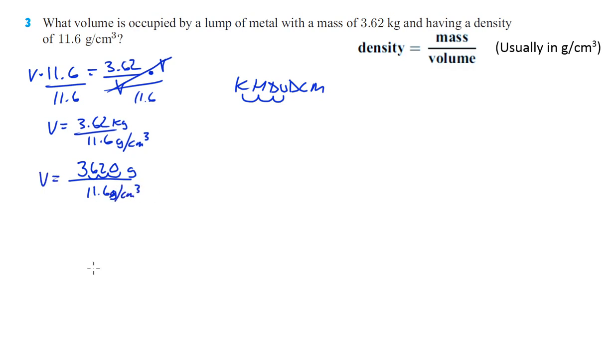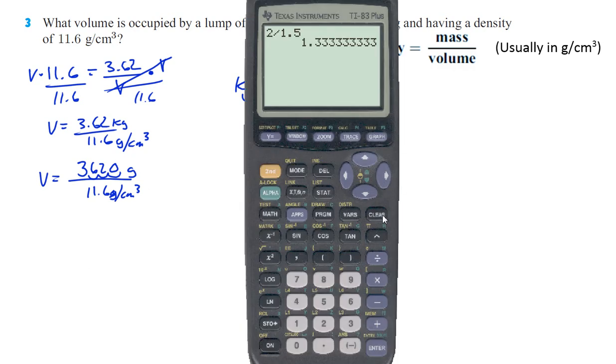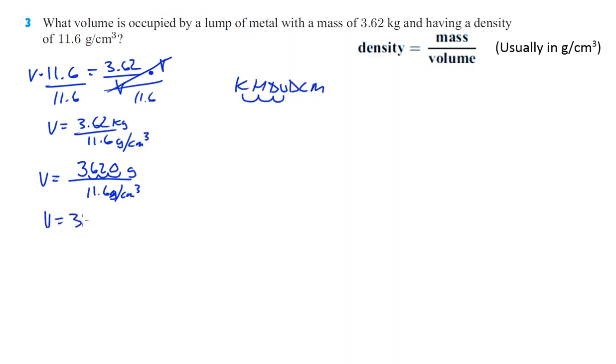Now we can divide that out. 3,620 divided by 11.6, and we get 312.1. Let's just call it 312. The grams cancel out, the centimeters cubed comes back up, so 312 centimeters cubed would be our volume.